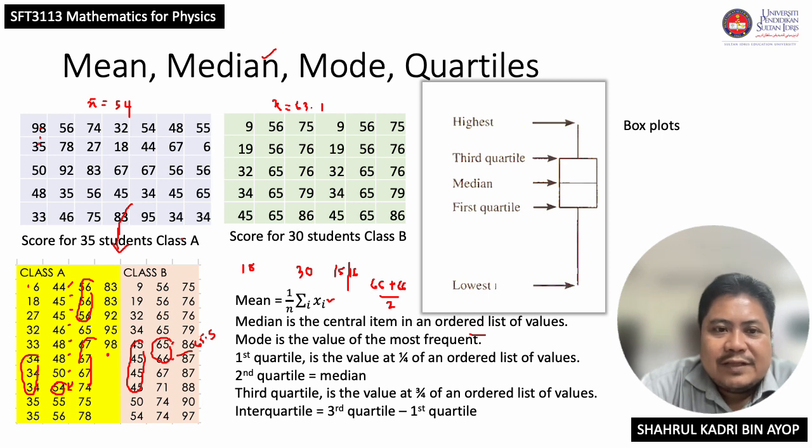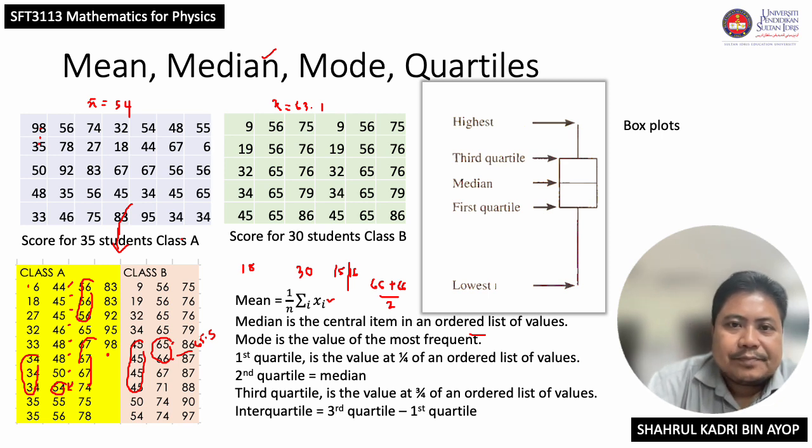Again, then we go to the first quartile and the second quartile. The first quartile is the value at 1/4 of an ordered list of values. So in this case, where is the first quartile? The easiest way to get that is by calculating 1/4 times 35. So this is 8.75. Then it is between 8 and 9.